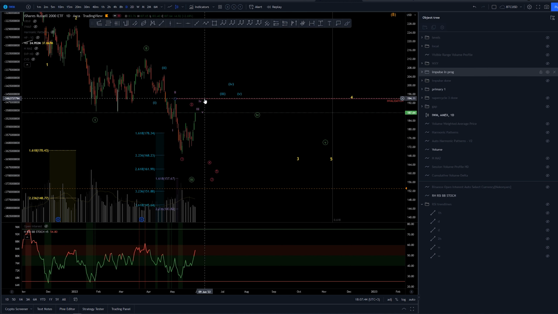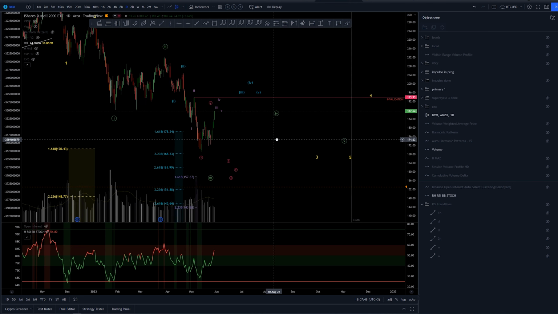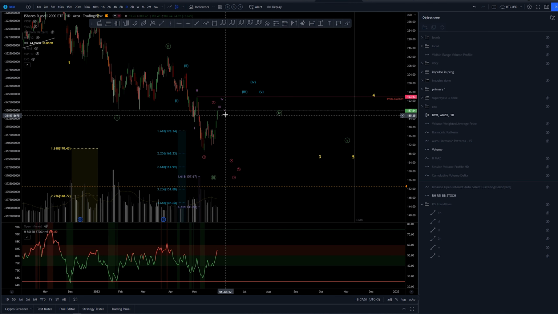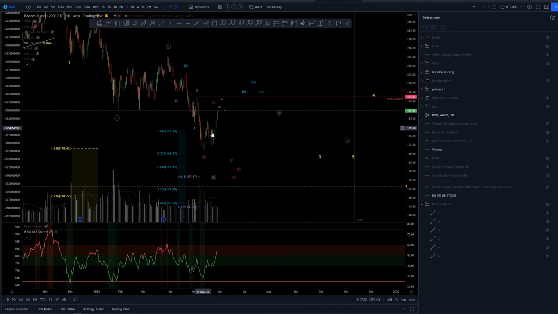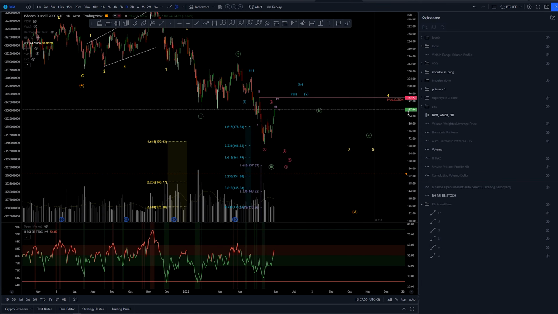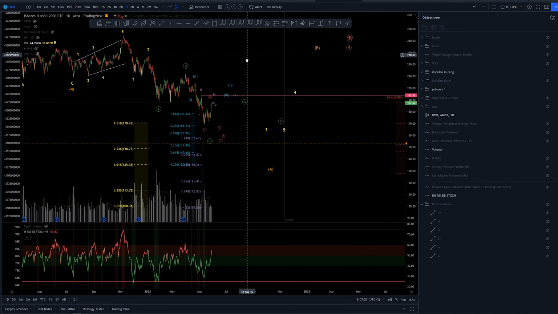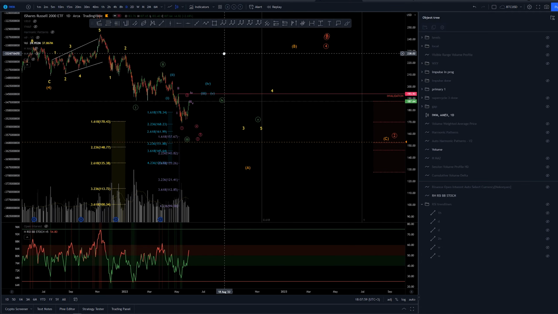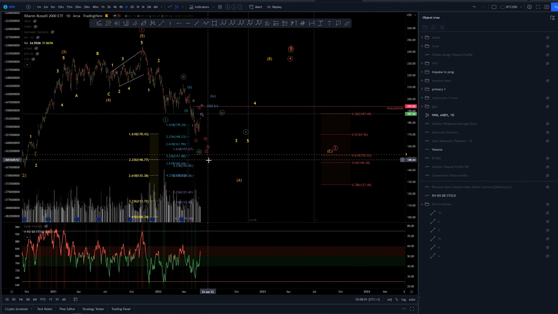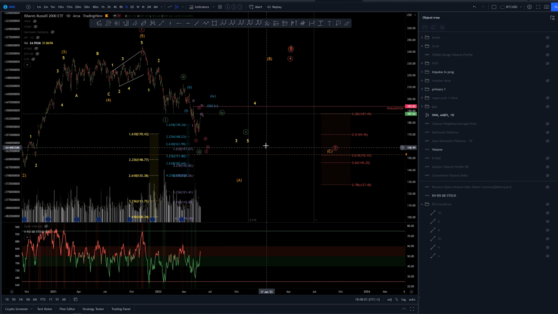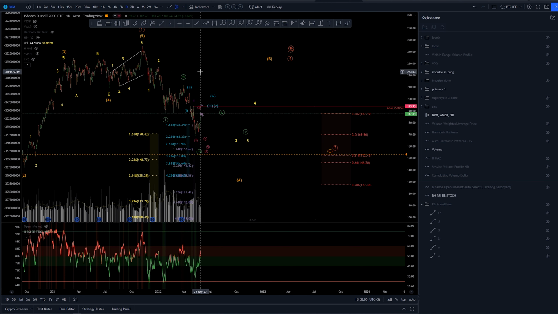It is soon going to be invalidated if we are getting higher, it's going to be around $194. If we do get that invalidation there, then this is going to be reworked to fit something better. But again, this is a more bearish option that we have here. And again, as this is impulse waves, this would be just the A wave. This could be correcting something larger that we just don't know yet.